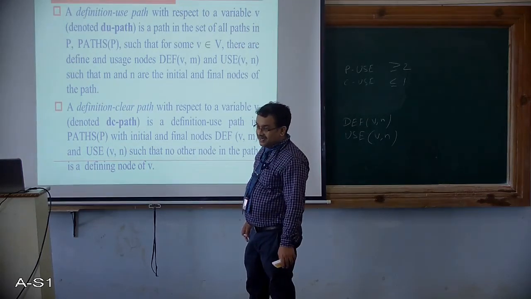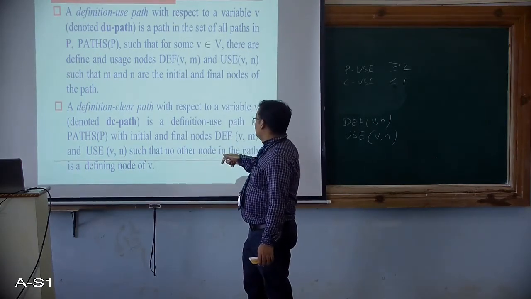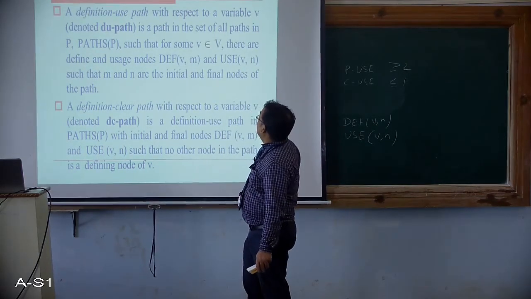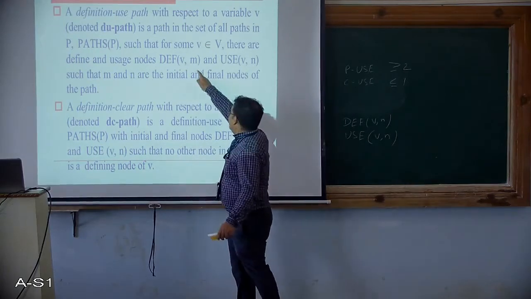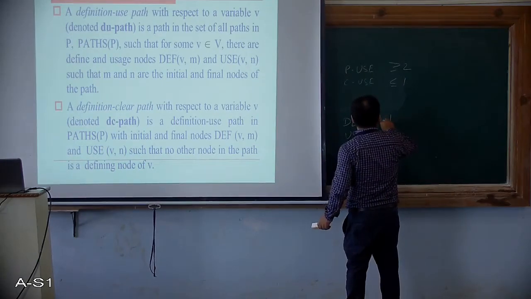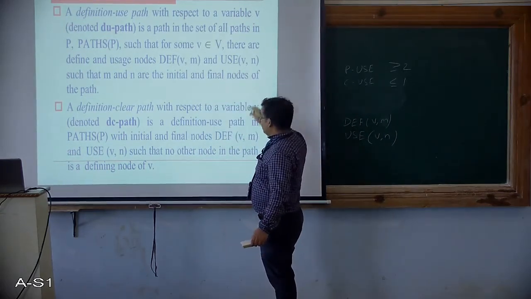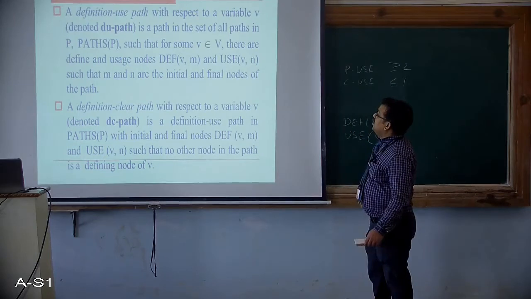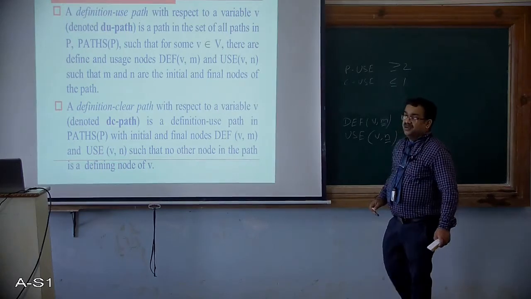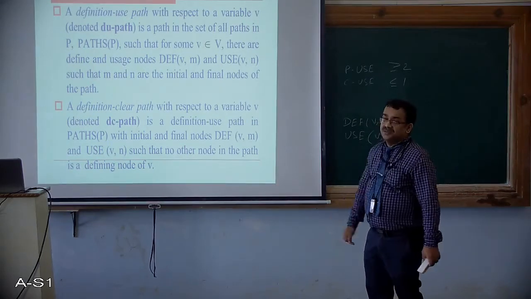When is it called a definition use path? When the initial node of that particular path is the defined node and the terminating node of that particular path is the use node. So, when we have a particular variable defined by a node M, and there is another node N, such that these two nodes M and N, the define and the use, are the initial and the final nodes of that particular path.